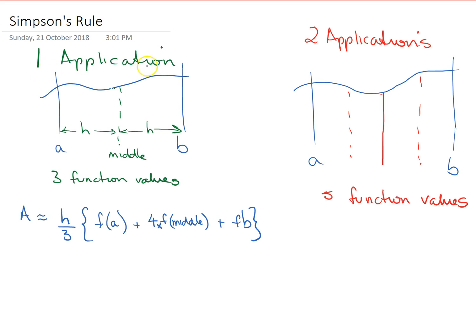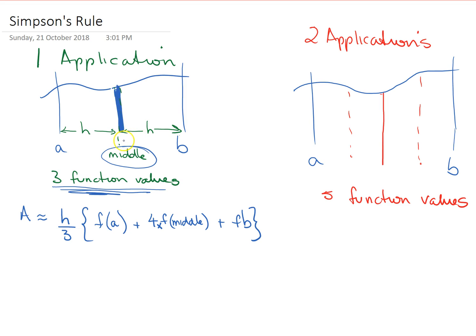In one application, we actually need three function values. So you need your limits from A to B, and that's not surprising. But in Simpson's rule, we have to know the middle x value between our two limits. We also have to know the function value, the height of this function at this point.